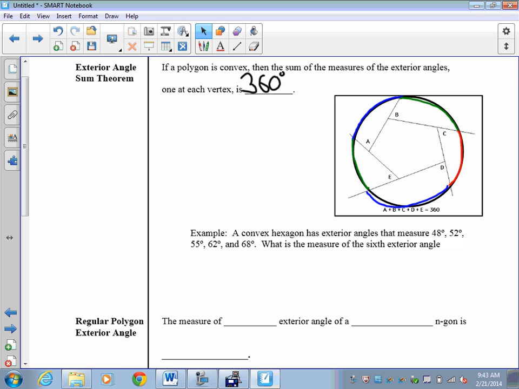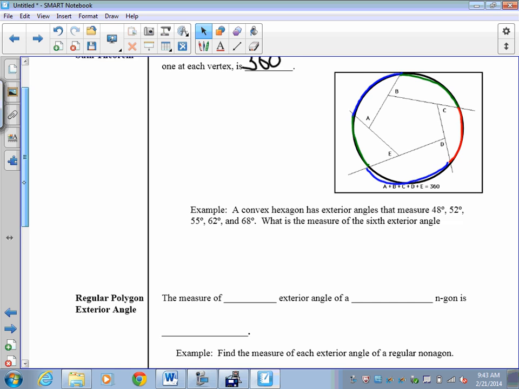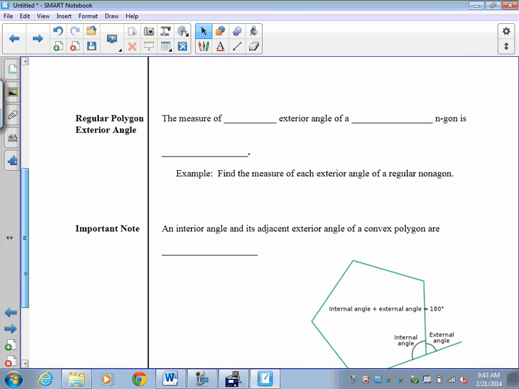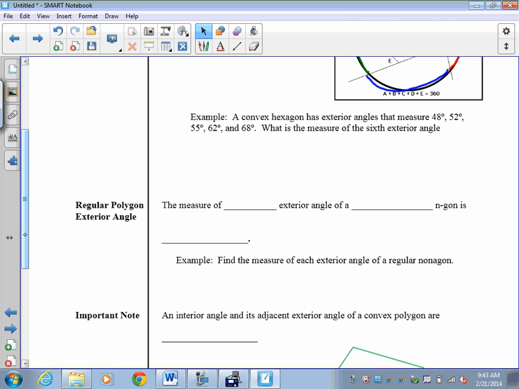So we're given an example. We're told a convex hexagon has exterior angles 48, 52, 55, 62, and 68. What is the measure of the sixth exterior angle? So that means we would add up all the angles, and they would equal 360. We're given 5 angles.